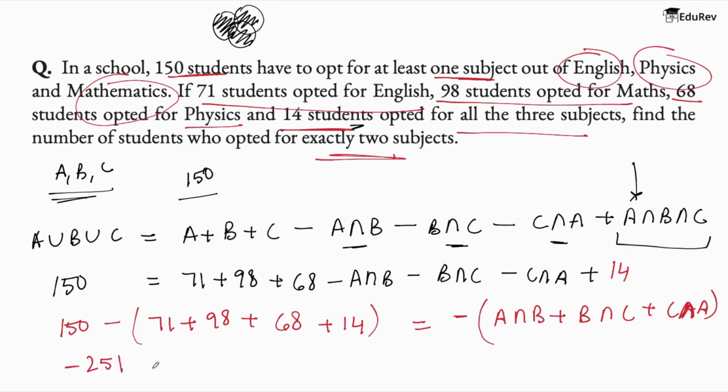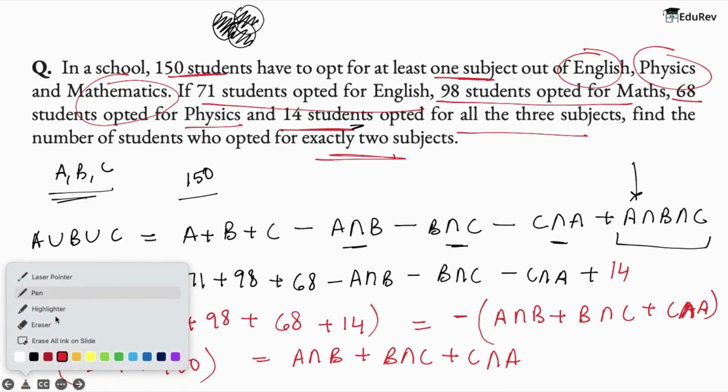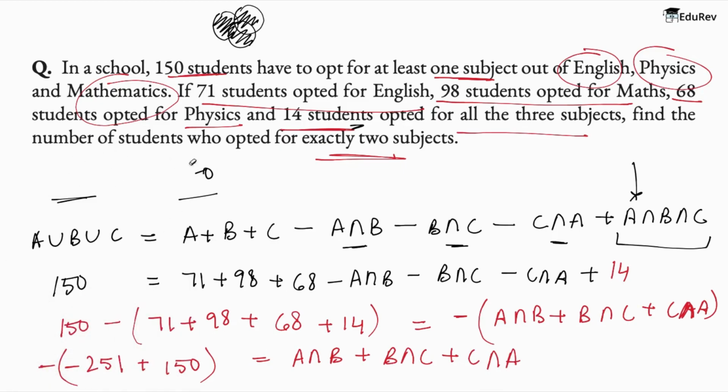I have negative of 251 plus your 150. So I'm going to take this negative sign on the other side. So it will be negative of this, which is equal to A intersection B plus your B intersection C plus your C intersection A. I'm just going to erase a little bit so that I can explain even more. So I'm just going to erase this part. Okay. So when we solve this now, it will be what?